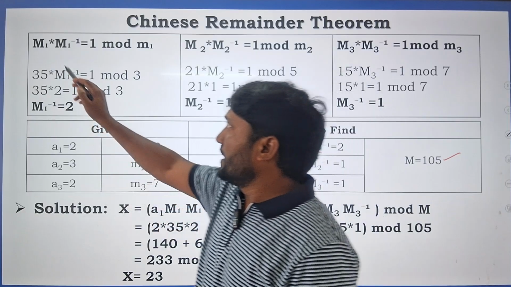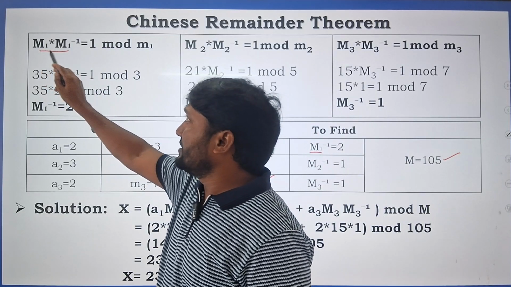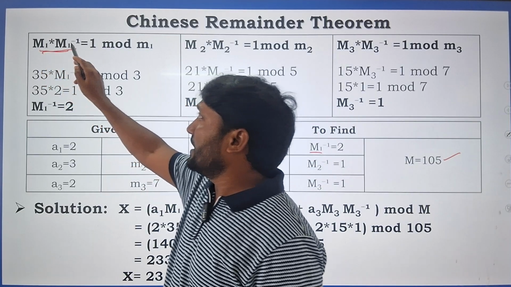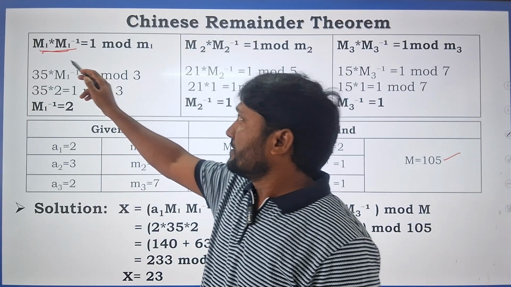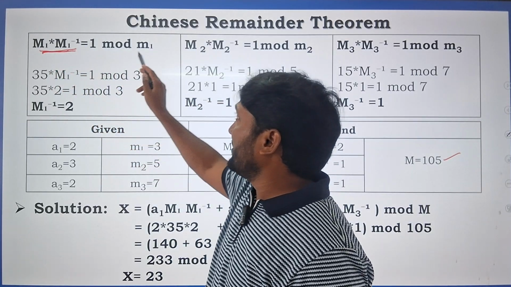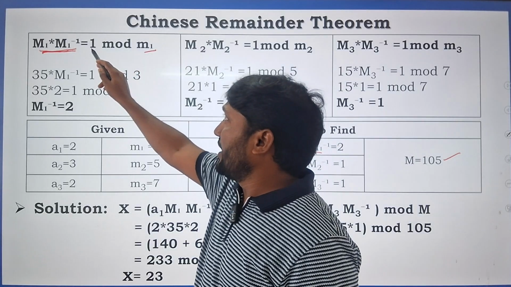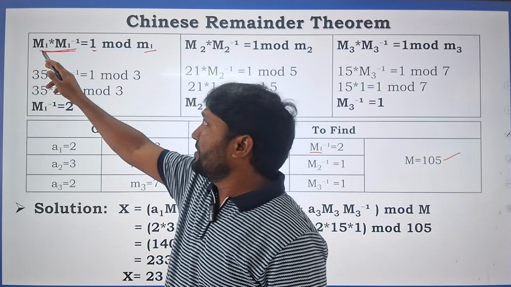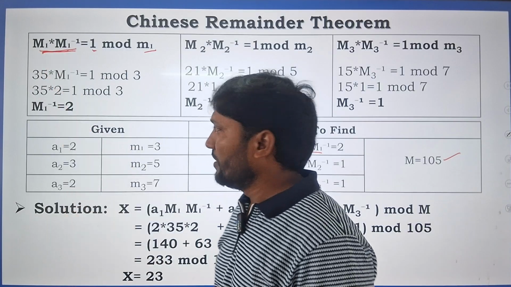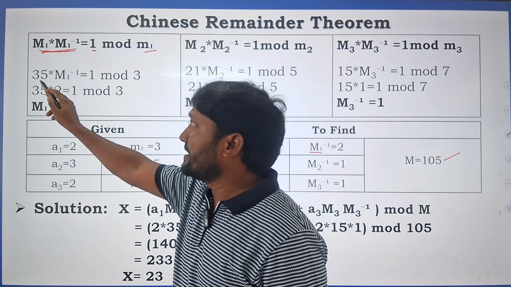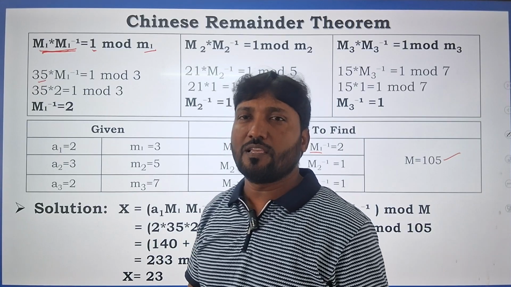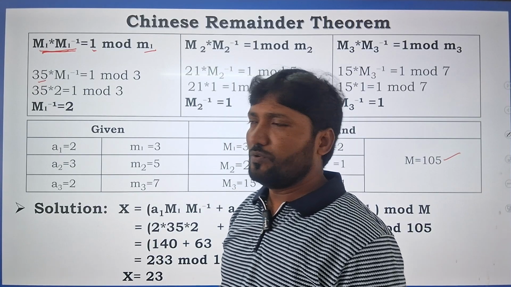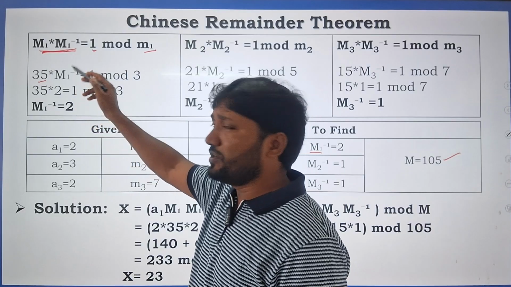That means if you multiply M1 with M1 inverse and divide by the small m1, the remainder must be equal to 1. The capital M1 value is 35, but we don't know the M1 inverse value.